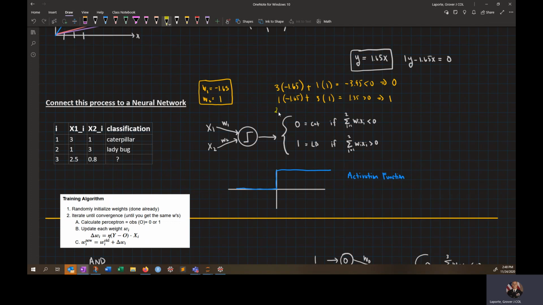Let's put in 2.5 times negative 1.65 plus 0.8 times 1, and that's equal to negative 3.325, which we know comes out to a 0. So it is a caterpillar. Hopefully that makes sense to you, because that's what I was trying to get.